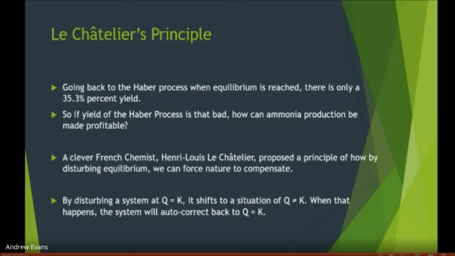We're going to change the situation so Q no longer equals K. So what does the reaction have to do? It has to shift to fix that, to reestablish K. K does not change when I change concentrations. K is set at a given temperature. And so the system will always autocorrect back to Q equals K.